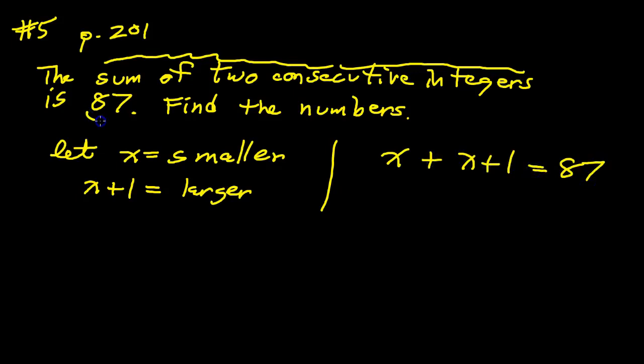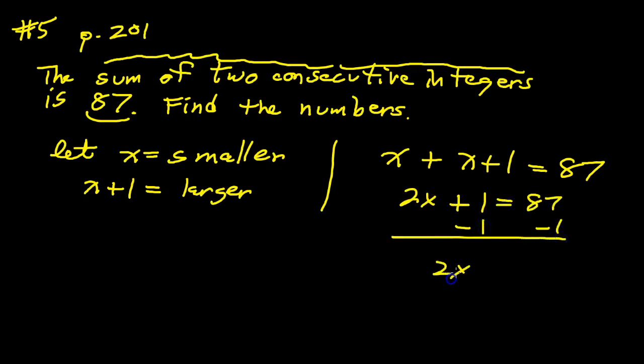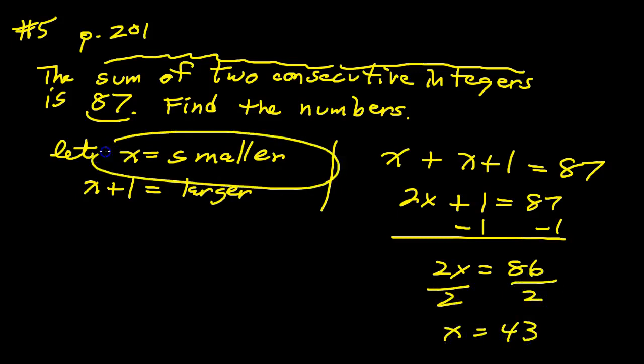The sum of these two integers is 87, and then grind out this rather simple equation. Combining like terms, I get 2x plus 1 equals 87. Subtracting 1 from both sides, I'll get 2x equals 86. Dividing both sides by 2, I'll get x equals 43. Now remember, 43 is our smaller integer, so that means our larger integer is going to be x plus 1, or 43 plus 1.